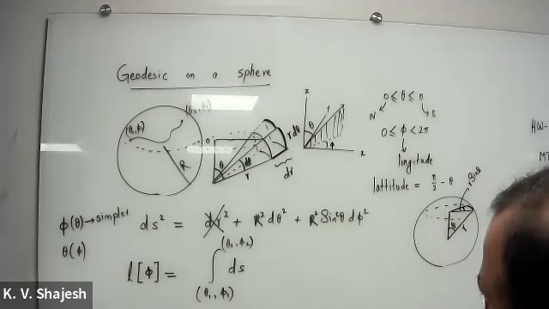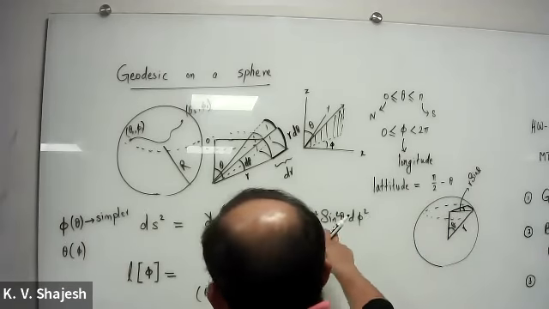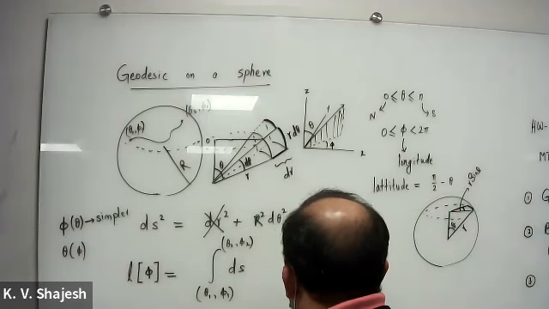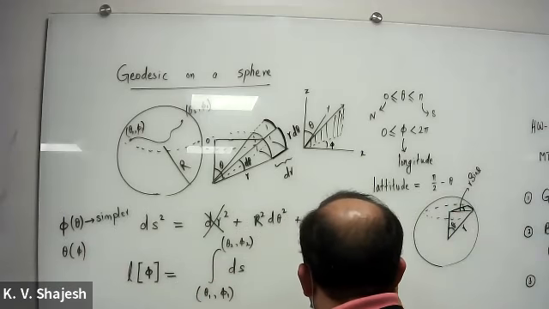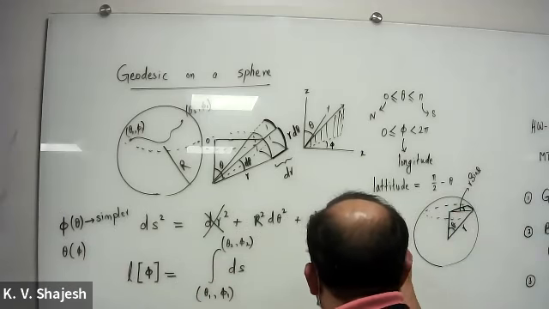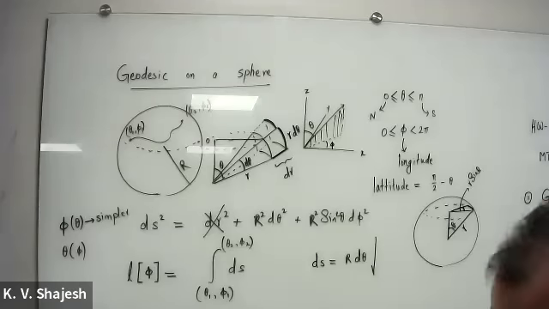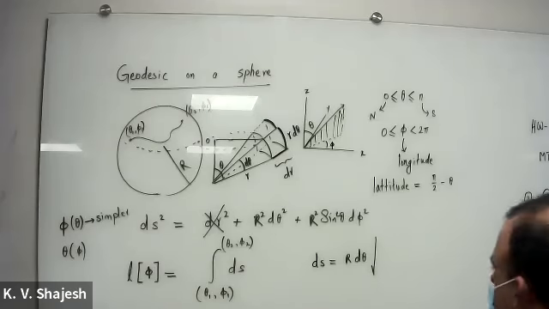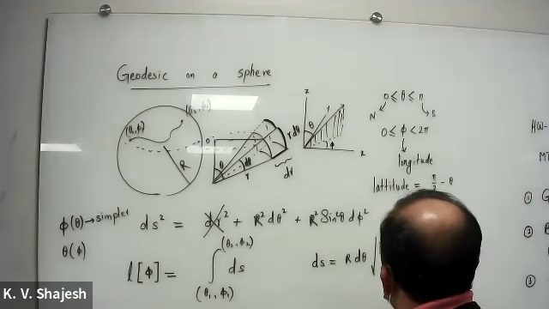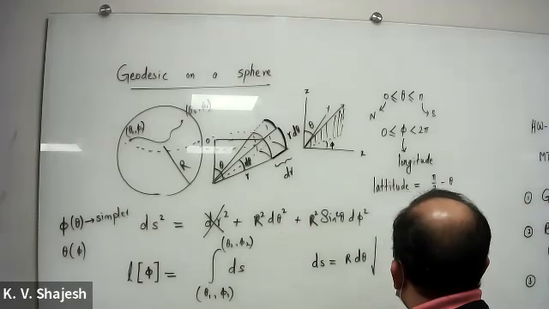So that means that I have to write ds in terms of phi. So I would like to say this is r. The theta is the independent variable, theta, and then you write this as a square root, and this is 1 plus sine square theta.